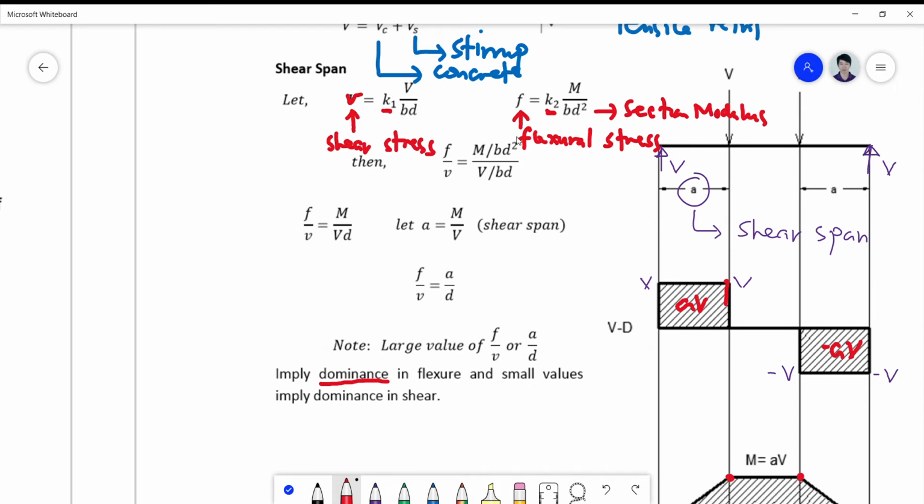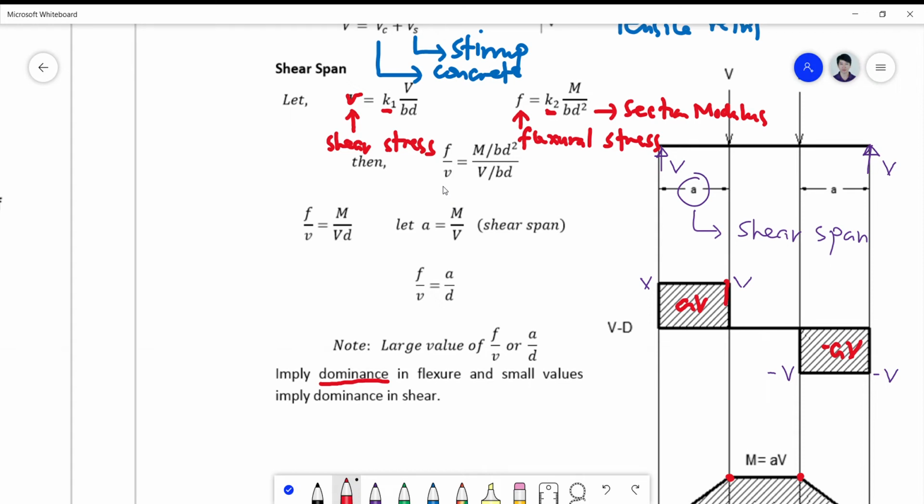And so, looking into the K1, K2, which we try to neglect because we are just looking into the concept of getting a value so as to categorize, we're not after the exact value. We just want an indication of which is more dominant.